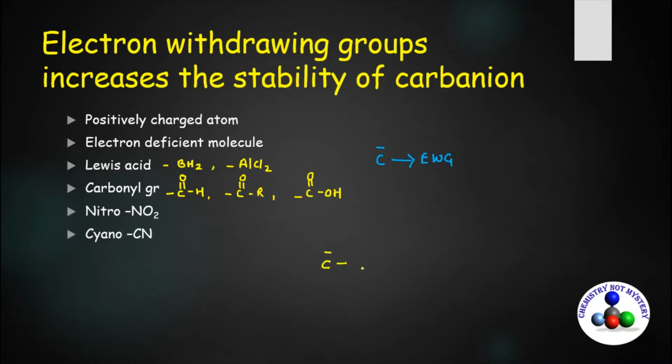In general, if there is a Z atom bonded with any electronegative element, then this group will act as an electron withdrawing group.